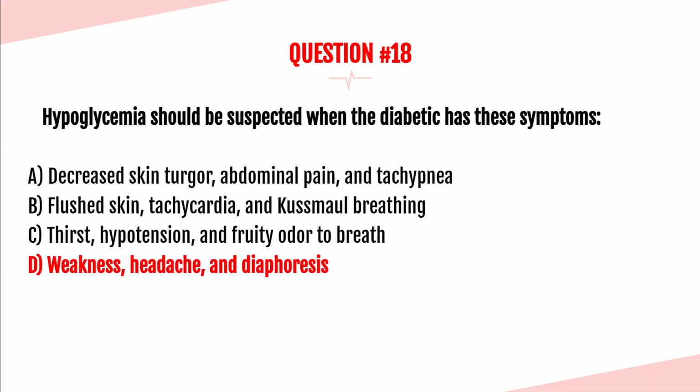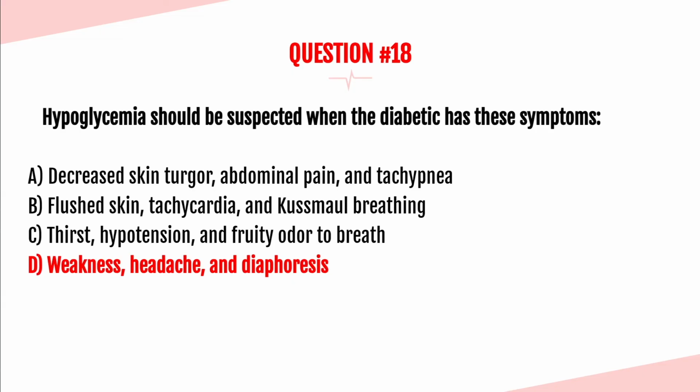The easiest way to remember the initial symptoms of hypoglycemia is to think about the effects on the sympathetic nervous system. Initially, the effects are going to be tachycardia, tachypnea, irritability, cool, clammy skin, diaphoresis, and weakness. And then eventually, headache also occurs as the glucose in the brain decreases.